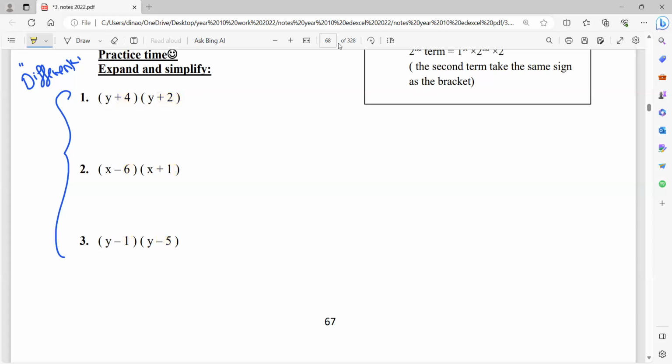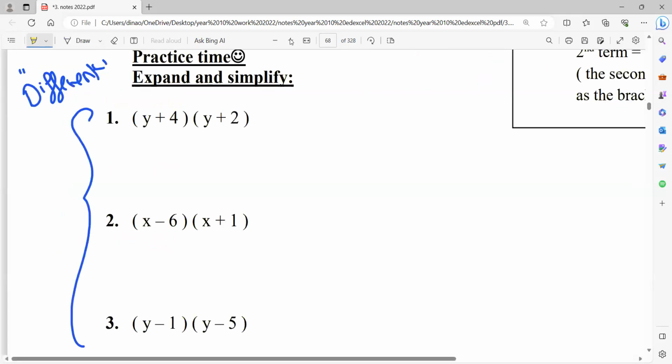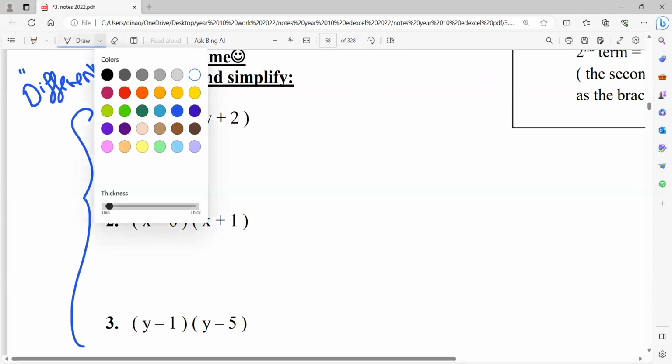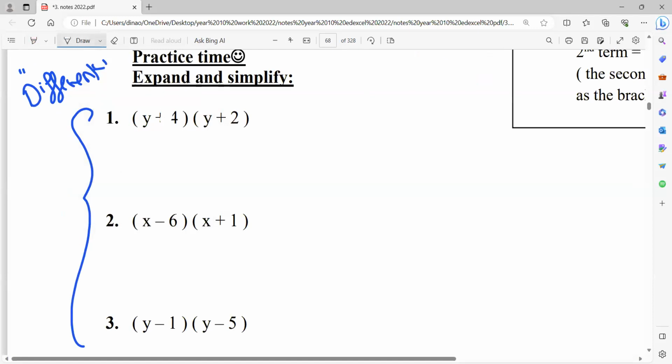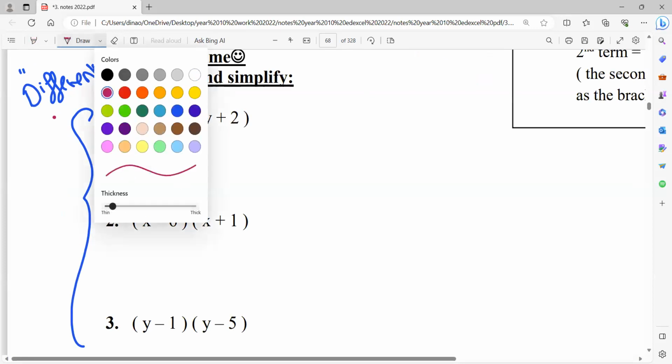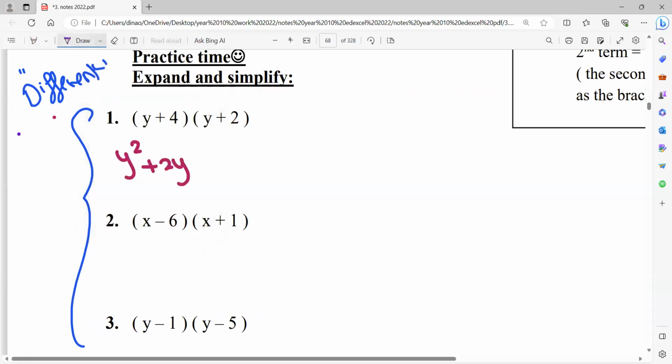Now, how do I expand different brackets? This is super easy. To expand different brackets, all you can do is just pretend that this 4 does not exist over here. And then what you can do is take the first term, multiply here, multiply there. So y times y is y squared, y times 2 is 2y, and then this 4 that you actually pretended did not exist, you can actually pretend now that the y doesn't exist.